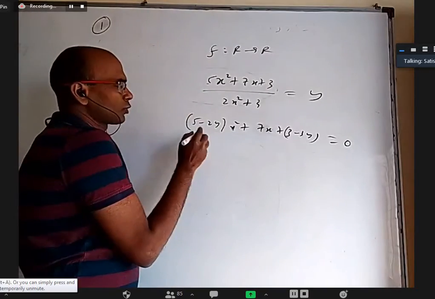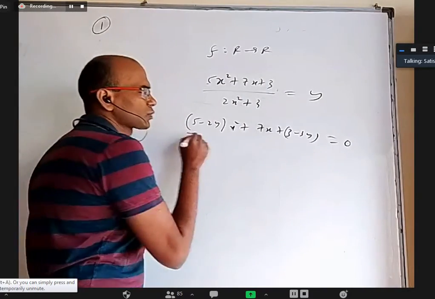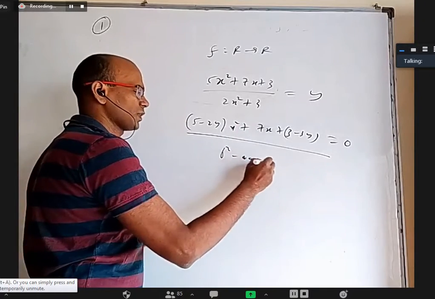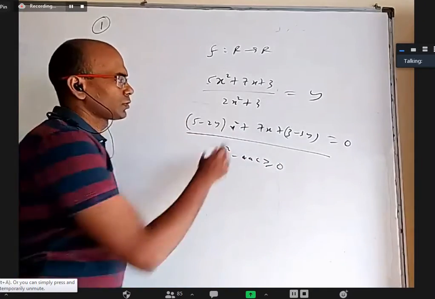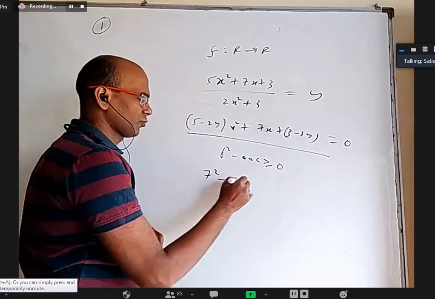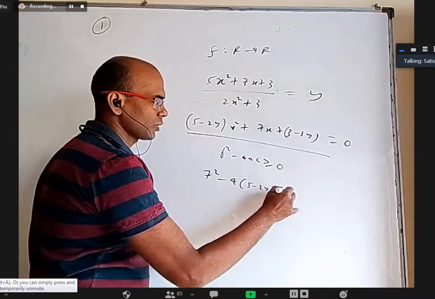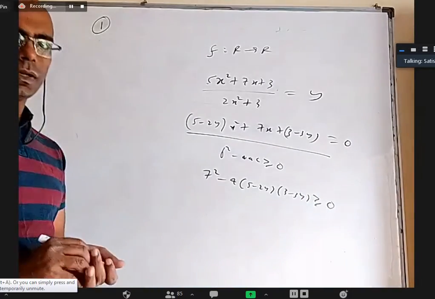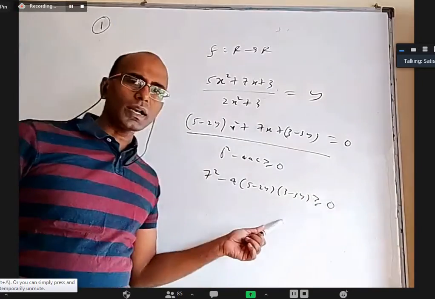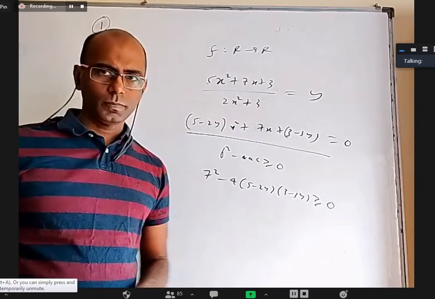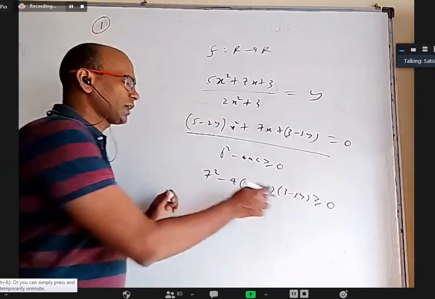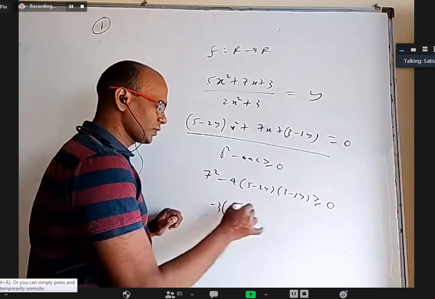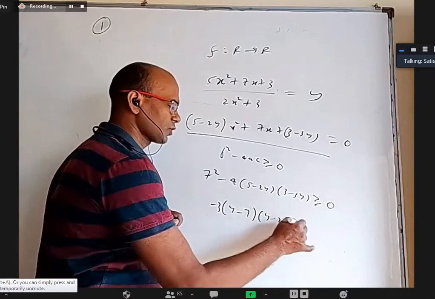Okay, so I'm looking for values of y so that this quadratic equation in terms of x has a solution. So b square minus 4ac should be greater than or equal to 0. So that is 7 square minus 4 into 5 minus 2y into 3 minus 3y greater than or equal to 0. Okay, we will get a quadratic inequality in terms of y. It may not be right, but let us say when I expanded this, I got minus 3 times y minus 7 into y minus 2 greater than or equal to 0.